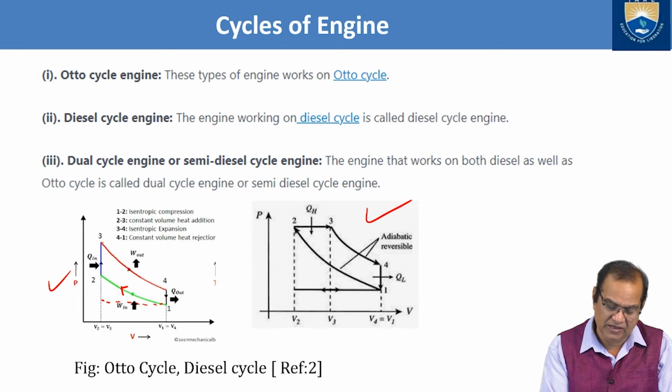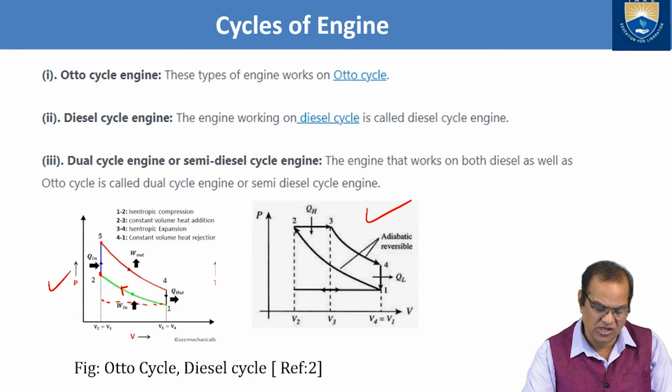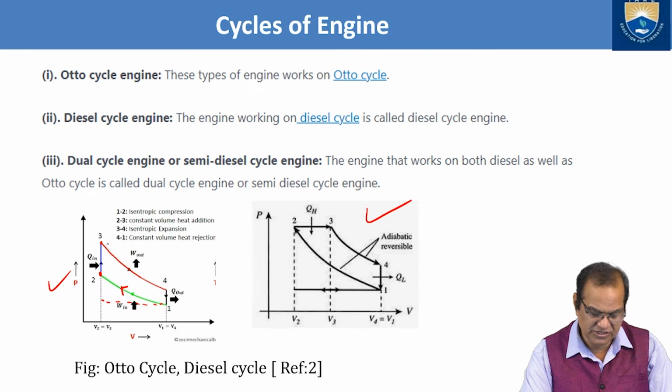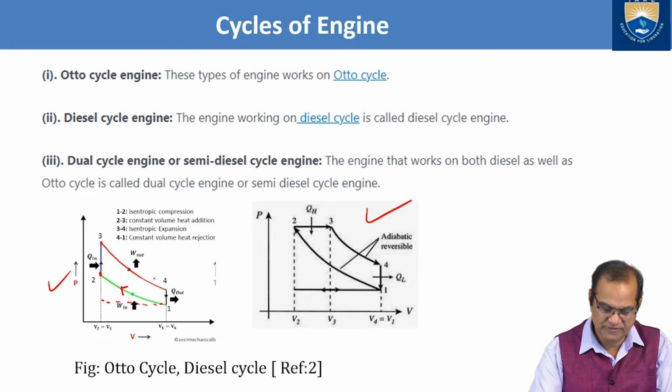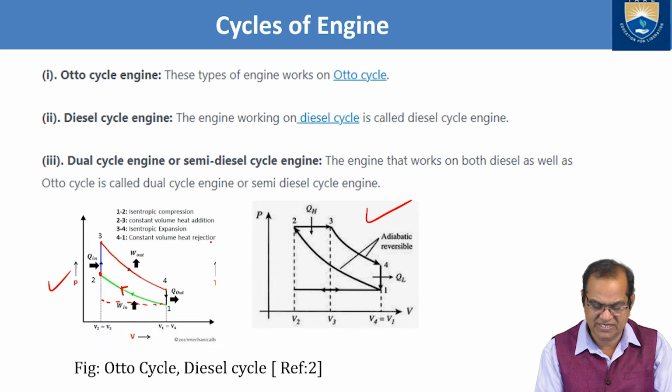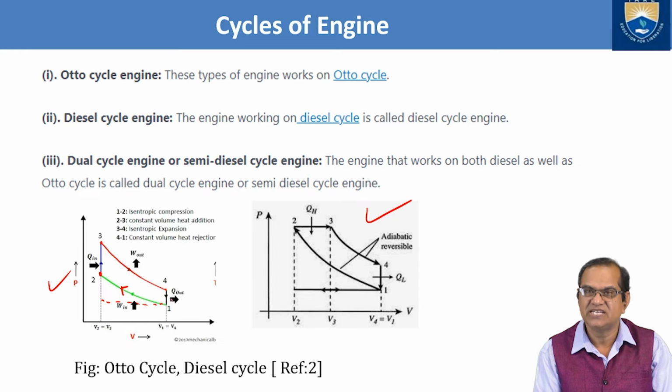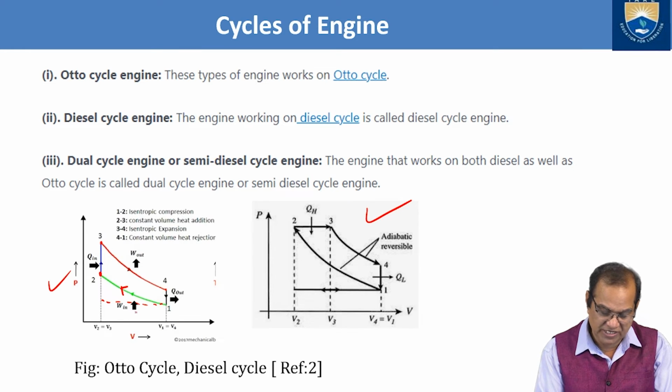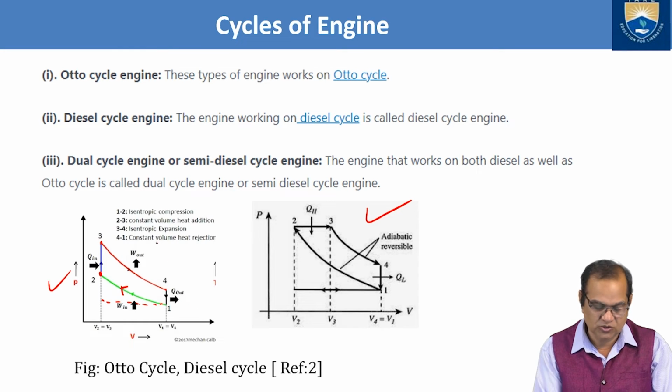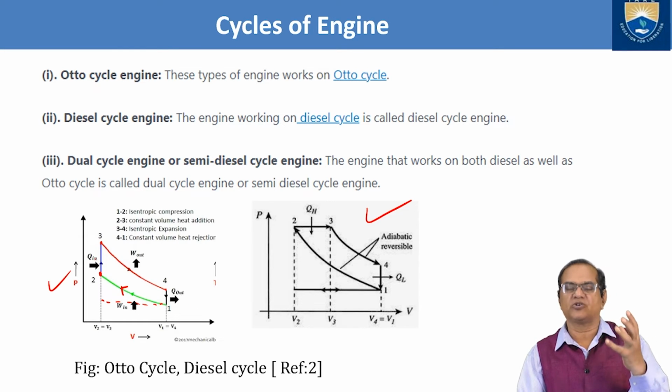Then 3 to 4 is isentropic expansion, and 4 to 1 is constant volume heat rejection. So here heat goes out, here work is out, here work is in, here heat out. This is the simple Otto cycle.